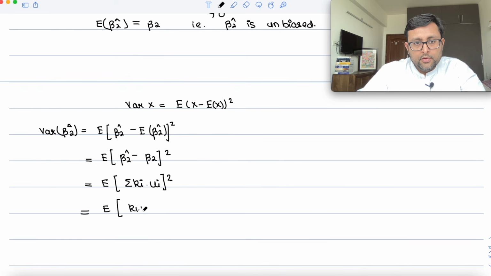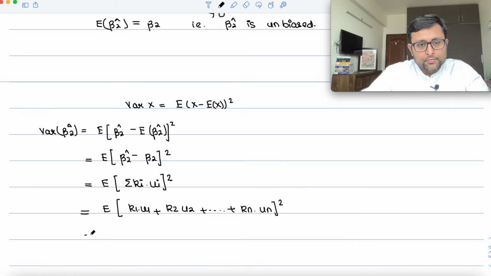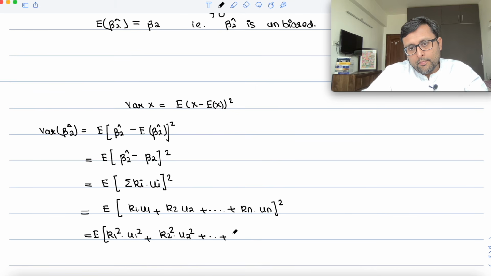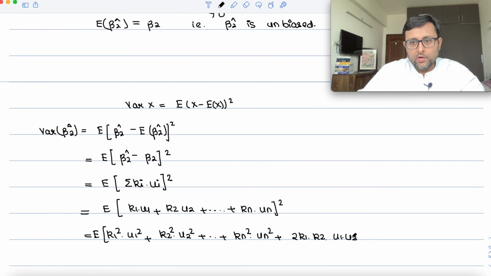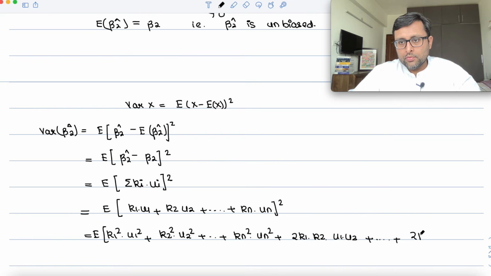So basically you have k1 u1 plus k2 u2 and so on to kn un, whole square, which expands into the square terms plus 2 k1 k2 u1 u2 and so on to 2 kn minus 1 kn un minus 1 un.